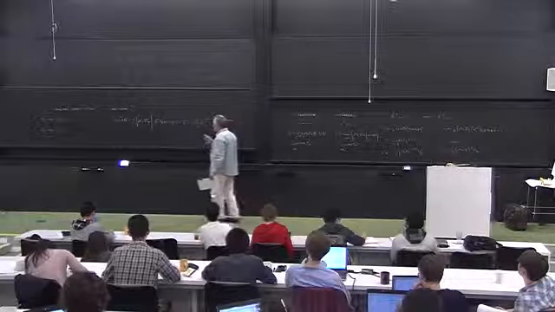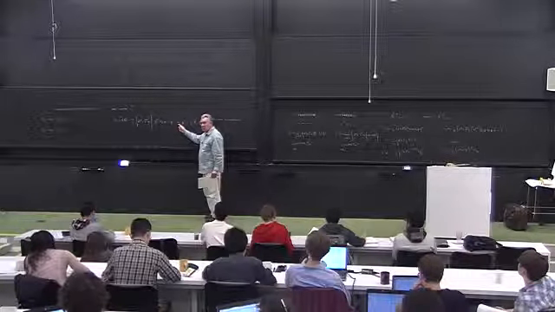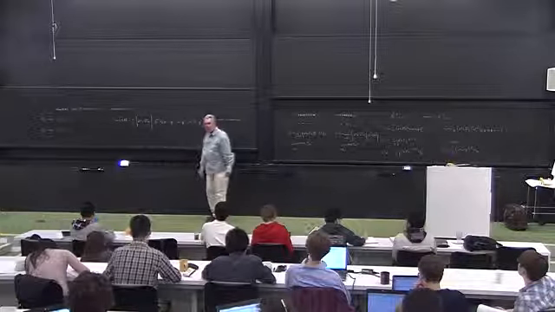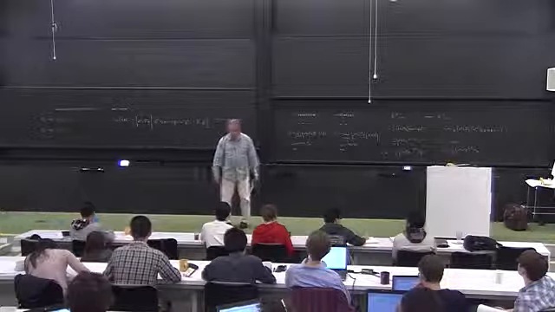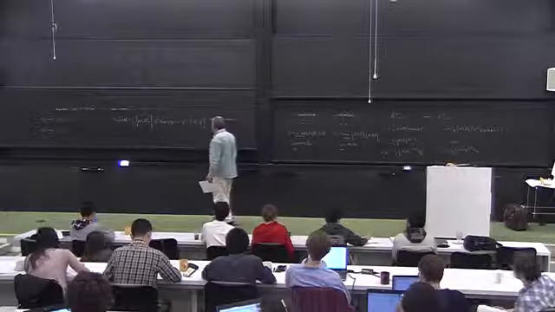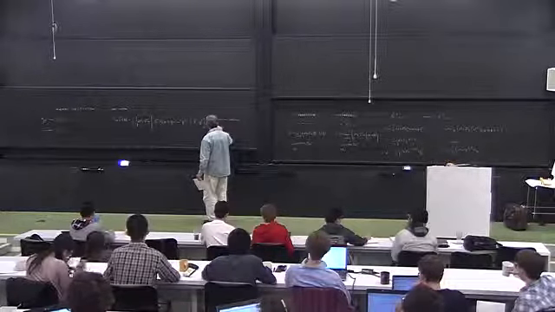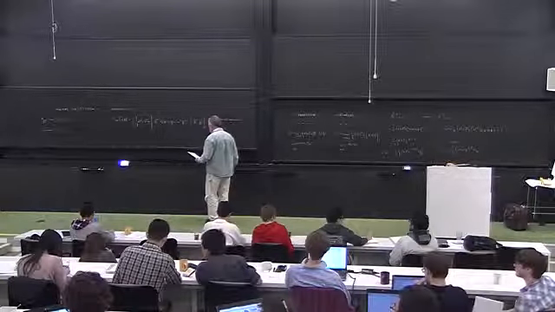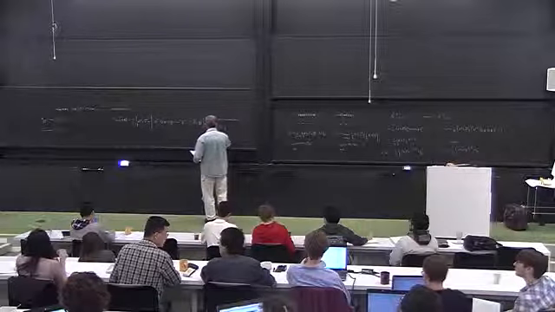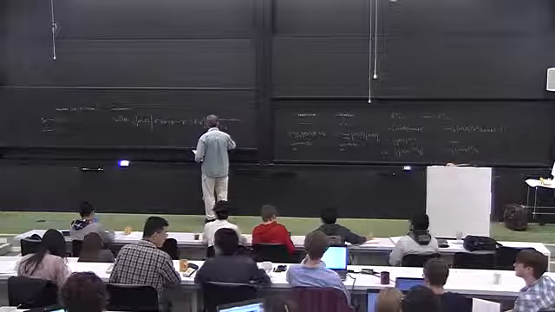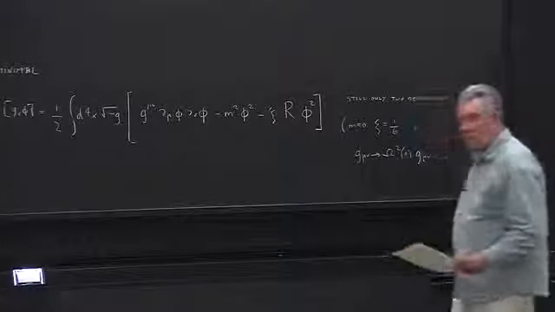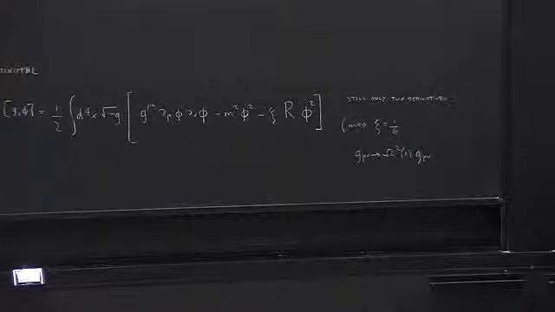One of the reasons why people like this is that in the case where the mass is 0, and in the case where this factor equals 1/6, there's a symmetry known as conformal invariance. Namely, if we rescale the metric by an arbitrary function of x, the action remains invariant.